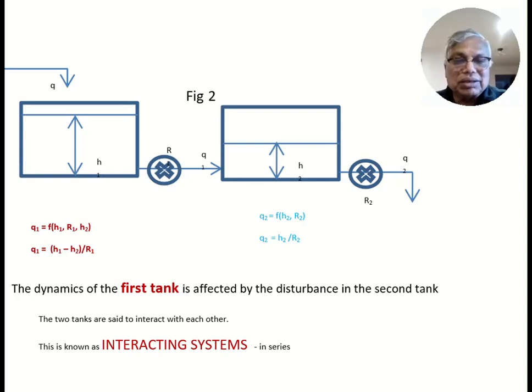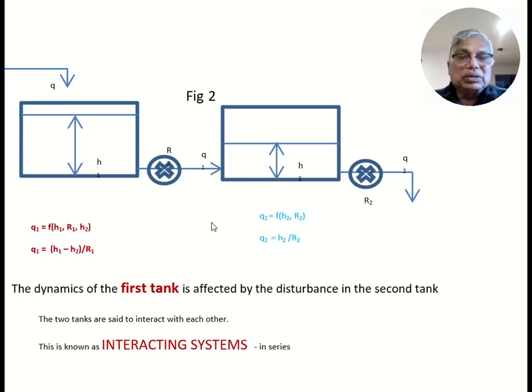That is not a very correct answer, because it relates only to the way the two tanks are connected. It does not explain why we call it interacting or non-interacting.